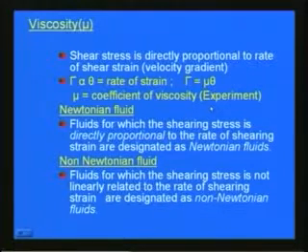As we have already seen, the viscosity coefficient with respect to honey or water is changing, and then the fluid properties also will be changing. So, Newton observed that if the change in shear stress with respect to the shear strain is linear, then that kind of fluid is called a Newtonian fluid.